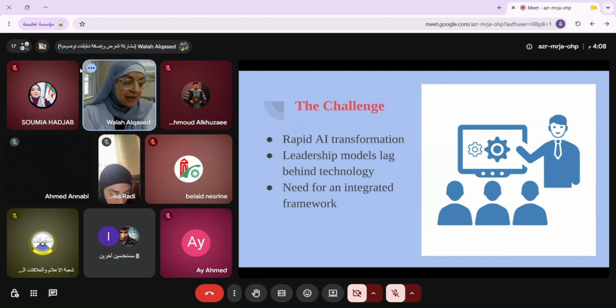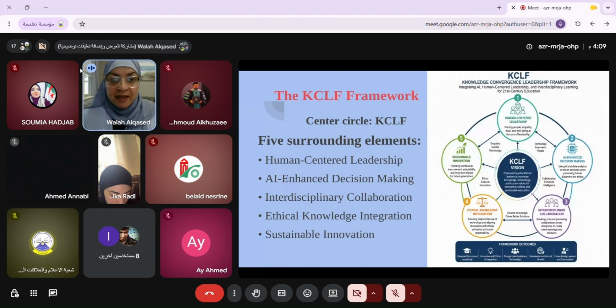My study addresses the gap through a unified leadership framework, the KCLF framework. The framework consists of 5 dimensions: human-centered leadership, AI-enhanced decision-making, interdisciplinary collaboration, ethical knowledge integration, and sustainable innovation.